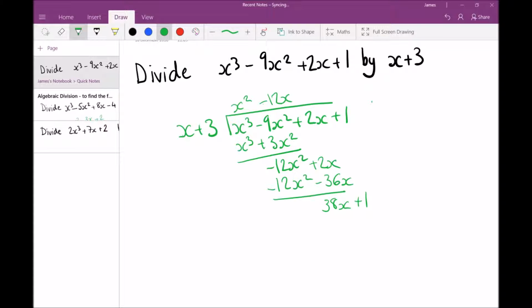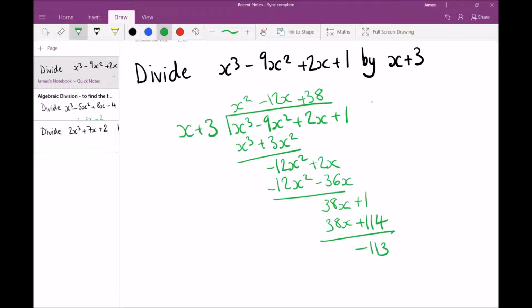Okay, so then we say, what do we times x by to get 38x? Well, that's 38. And then we say, what is 38 times x? Well, it's 38x. And 3 times 38, which is 114. We take them away from each other, and we get minus 113.